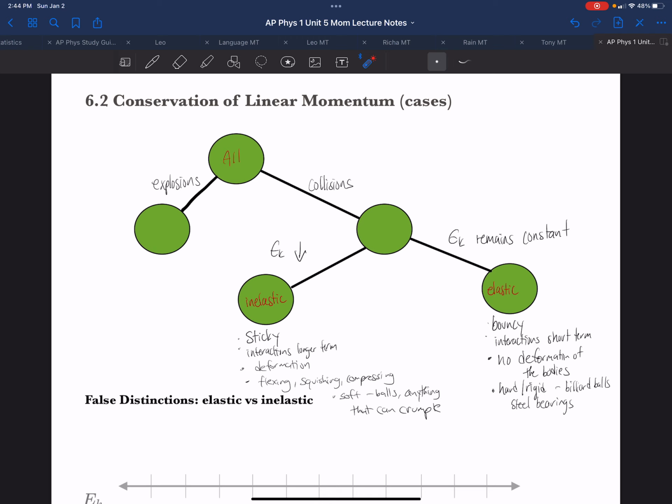Are the objects short-term interactions? Are the bodies hard with no deformation? Or do they tend to be soft, flexible, longer terms of interaction or squishy in some way? And when it's bouncy, it tends to be an elastic collision. And if it's sticky, it's inelastic.